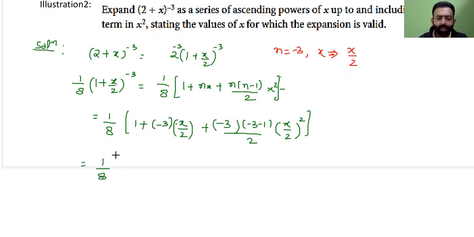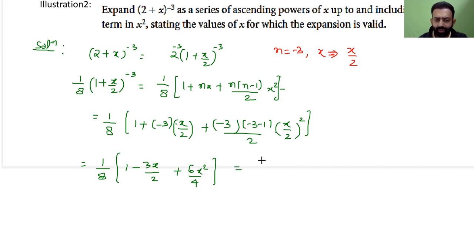Simplifying this as 1 by 8, this is minus 3x by 2, so 1 minus 3x by 2, and this is minus 3 minus 4, which is plus 12. Plus 12 upon 2 is plus 6, and this is x square by 4. So basically it is plus 6x square by 4.